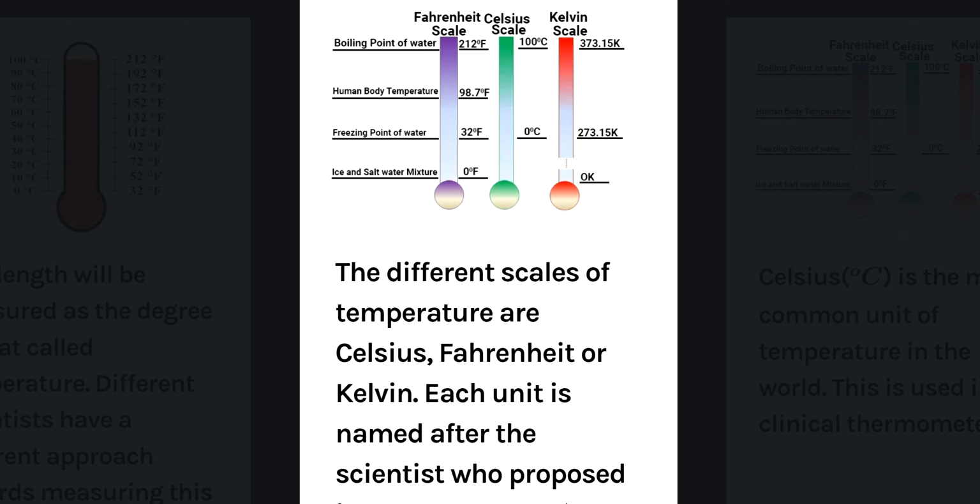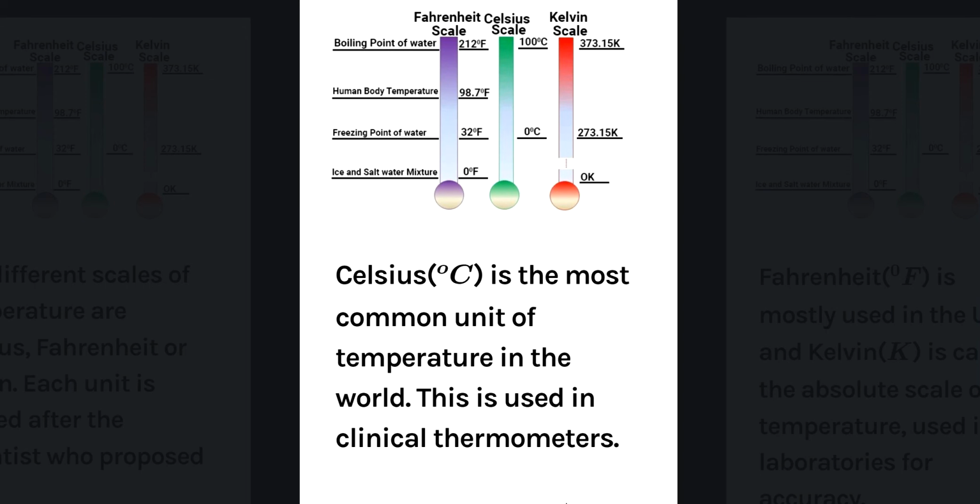After this you can see there is a comparison of Celsius, Fahrenheit and Kelvin. We have already done this. I have represented these three temperature scales in a video. So here is a fact: Celsius is the most common unit of temperature in the world. This is used in the clinical thermometer.